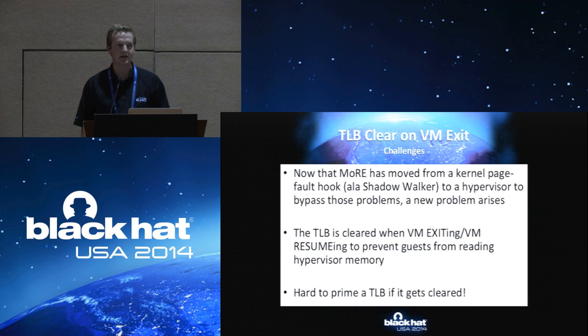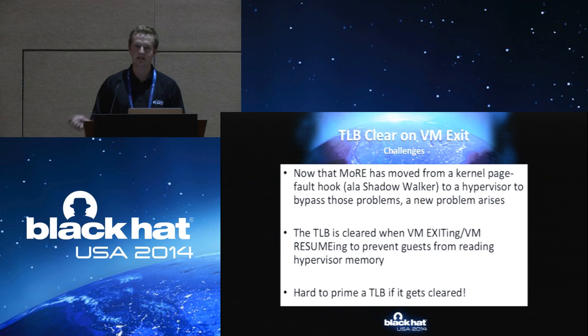I mentioned already the TLB is cleared on a VM exit and VM resume. So when we were testing this, it was a 4-month effort. We sent down the test code and it was working great. And we didn't realize that half of our test machines were Core 2 Duo and the other half were Core i7s. And so it was working great for us, and they said it's not working.